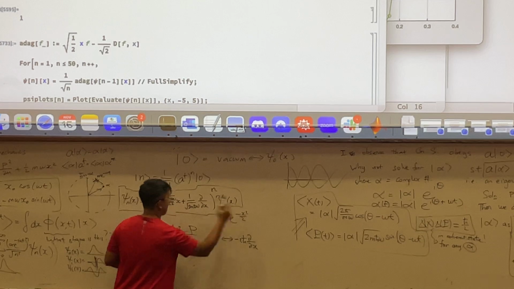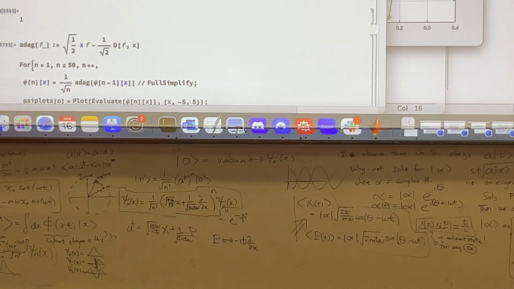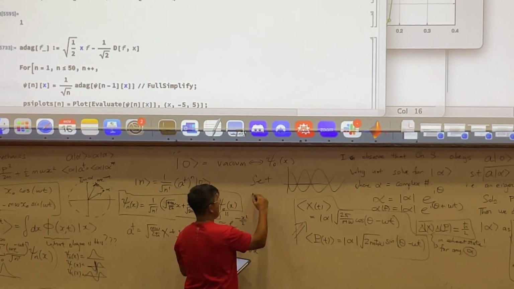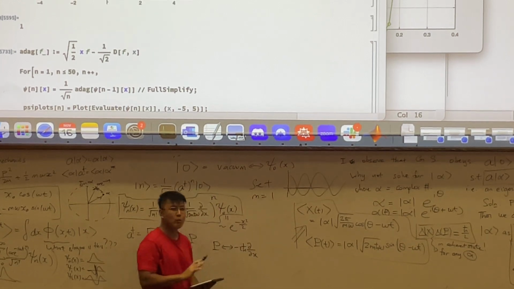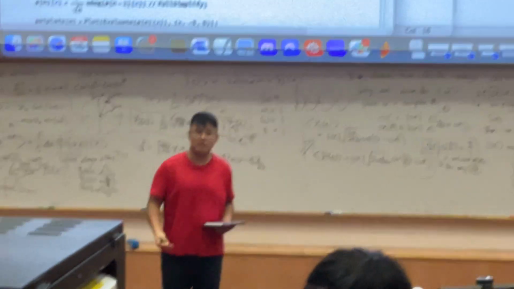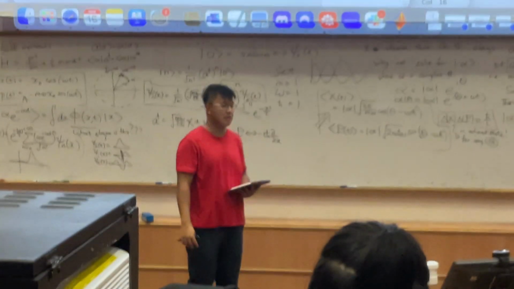So in my numerics, I'm going to just simplify a lot. I'm going to set m equals 1, which means I work in units where mass is 1, omega is 1. So it just simplifies a lot of calculations.